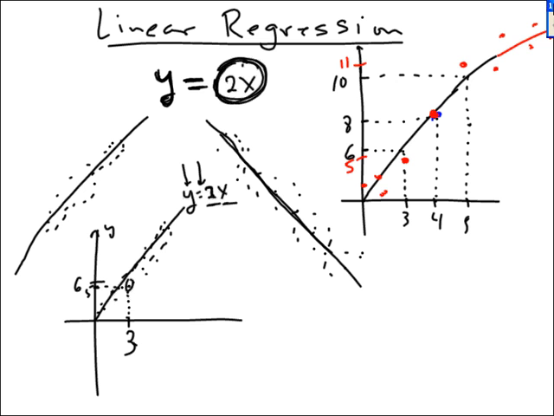Okay. So again, in this section, our objective is to find the equation of a line for data that does have a linear correlation. Now, just for the record, let's just deal with quadrant 1.